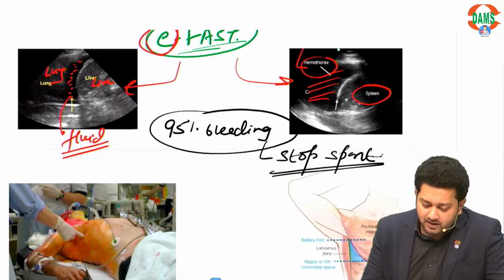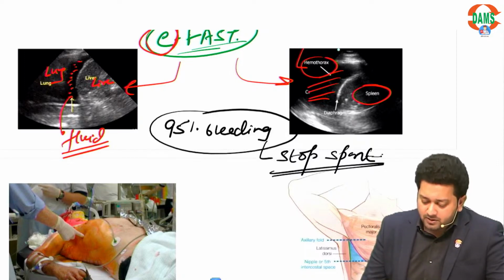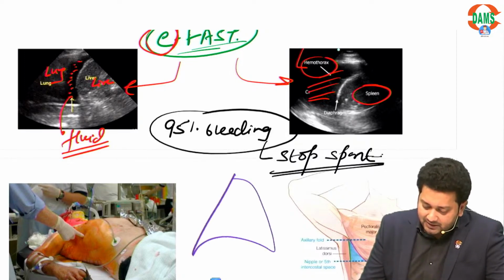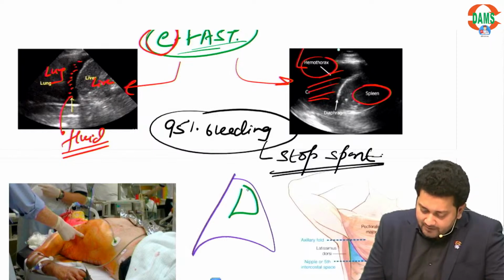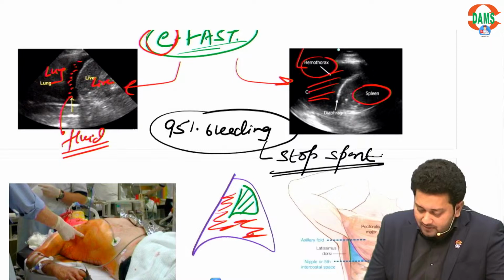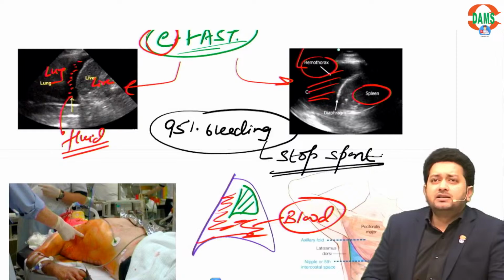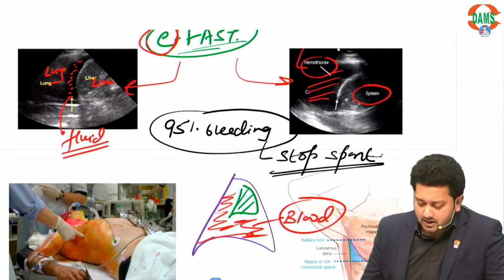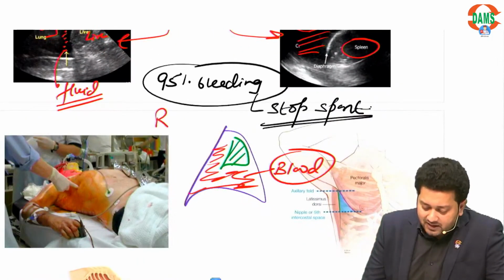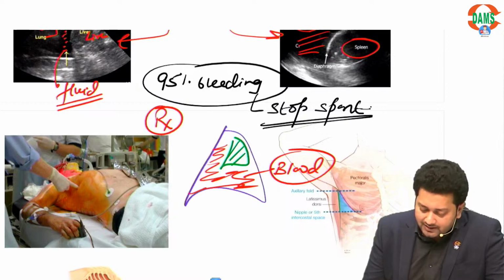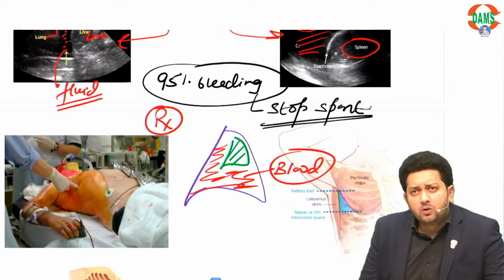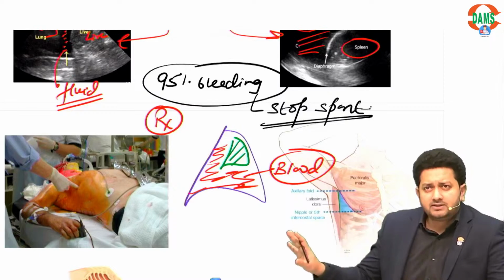The main problem is that, suppose this is the lung, your main problem is because of the accumulation of blood in the pleural cavity. Now this side lung is not getting the space to expand. So that's why the treatment is on this side, under local anesthesia, on the bedside only.